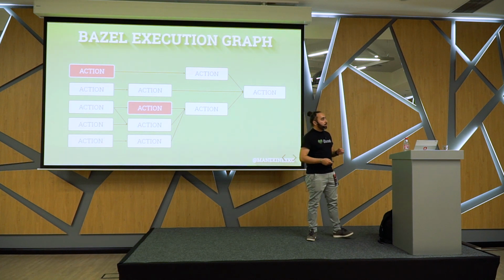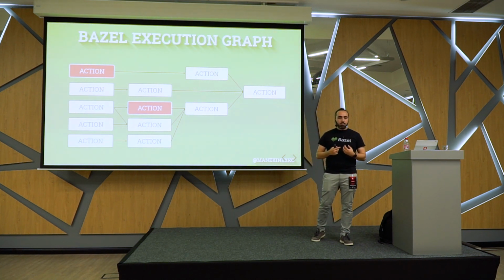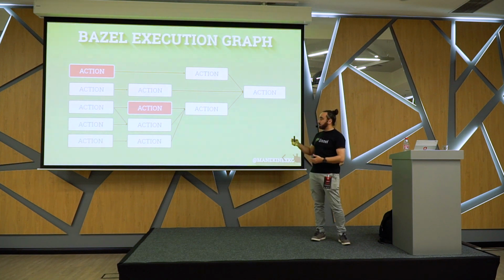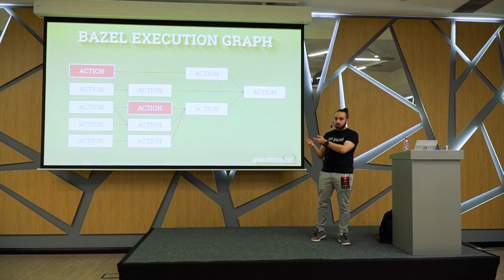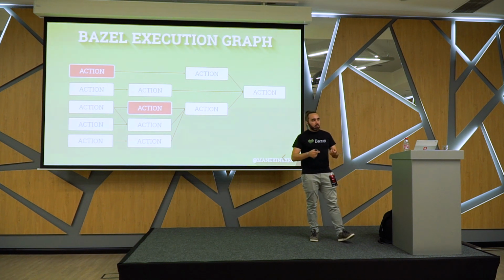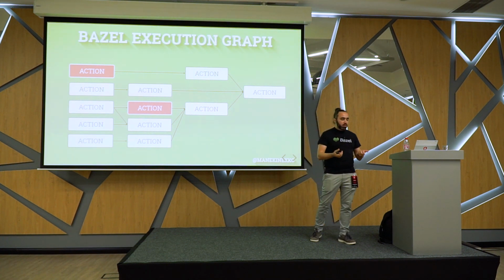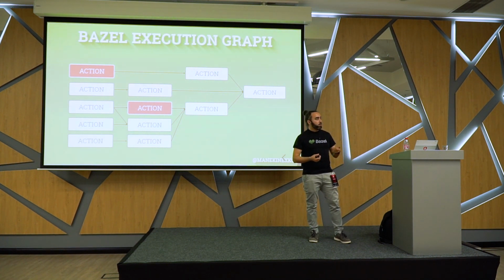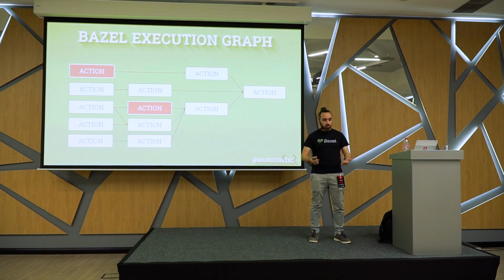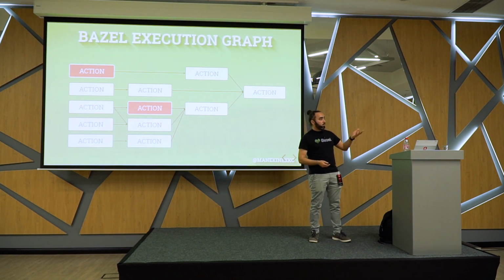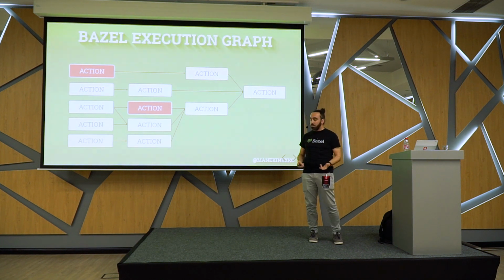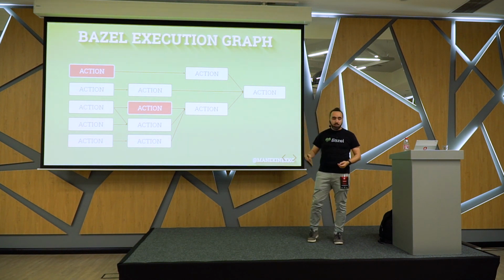Bazel uses this concept of internal graphs to be clever, because Bazel will easily detect which inputs and which actions have changed, and which actions really need to be executed. Here we only changed two files, maybe in two different folders, so it maps to these two actions.